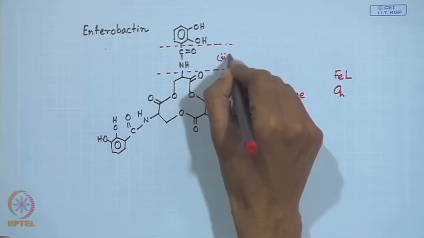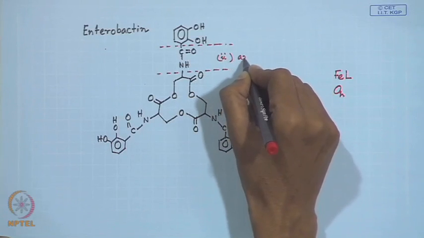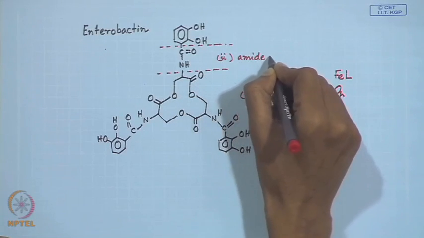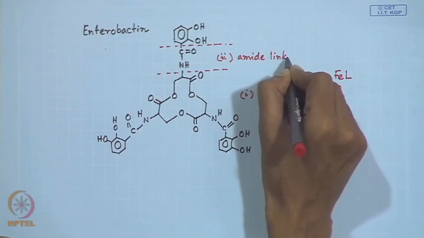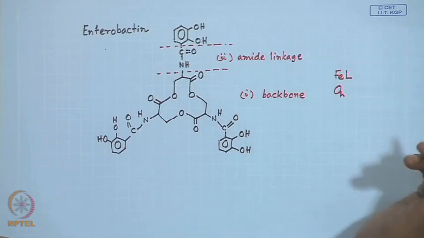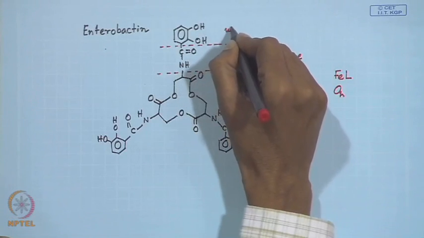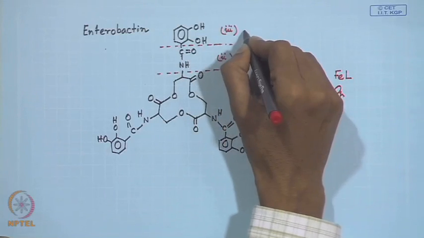Then the second part is your amide linkage, and the third part is your metal binding unit.